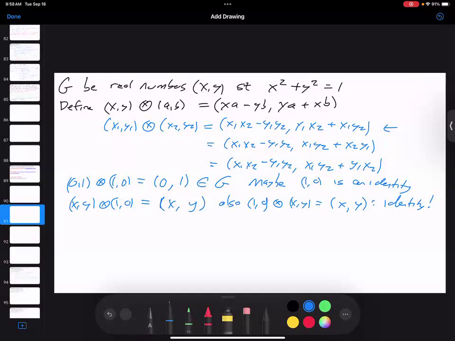Can somebody give me a pair of numbers whose squares add up to 1? 0.6 and 0.8. Okay. So 0.6 is 3/5, and the other one is 4/5. Can somebody give me another one? 1 over square root of 2, 1 over square root of 2. Okay, 1 over root 2, 1 over root 2.